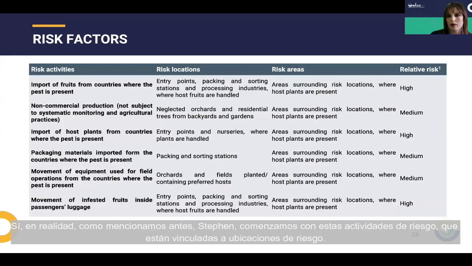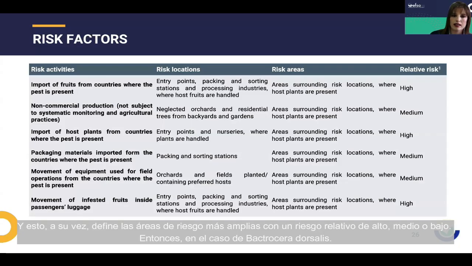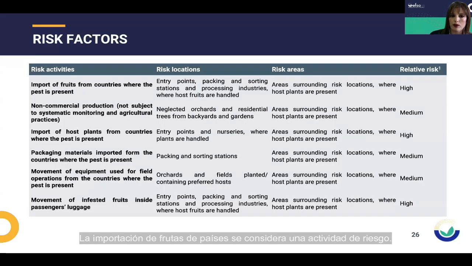Yeah, actually, as we mentioned before, Stephen, we begin with these risk activities, which are linked to risk locations, and these in turn define the broader risk areas with a relative risk of high, medium, or low. So, in the case of Bactrocera dorsalis, the import of fruits from other countries is considered to be a risk activity.